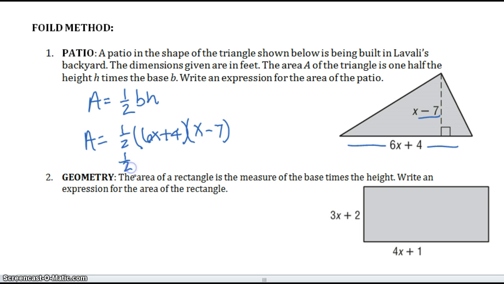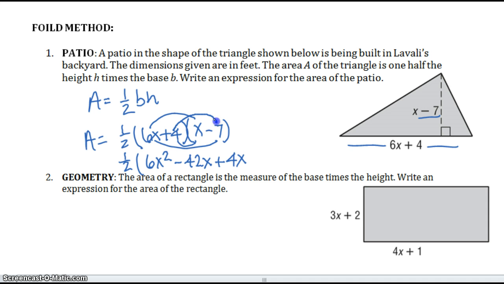So 1/2 stays there. And now I'm ready to say 6x times x is 6x squared. 6x times -7 is going to be -42x. 4x, whoops, I'm supposed to do that one underneath. That's the nose. 4x. See, I often just do the distributive property when I'm supposed to be foiling.